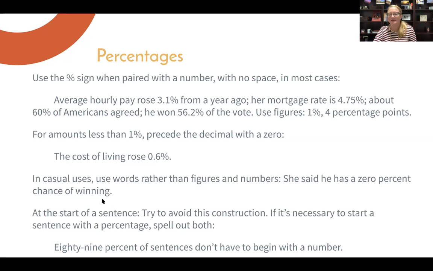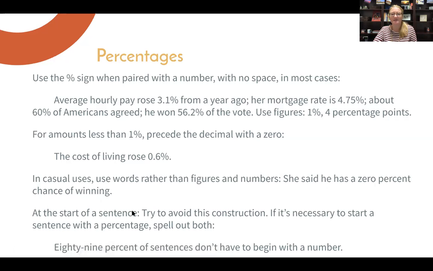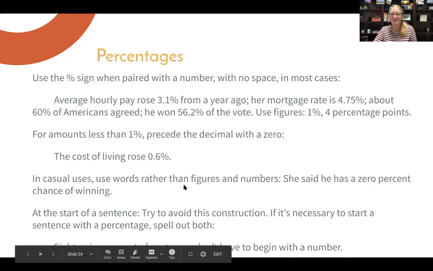She's just using it in a casual manner. So you're going to write out the word zero and the word percent, because we're not being really specific right there. At the start of a sentence, try to avoid the construction. If it's necessary to start out with a percentage, spell out both.